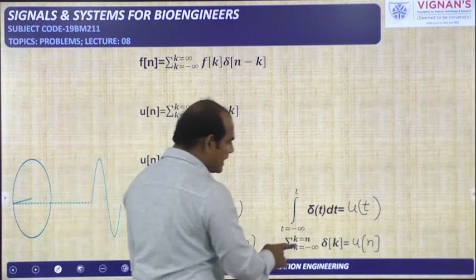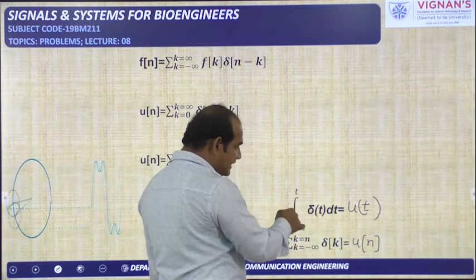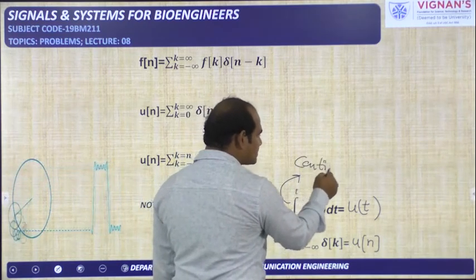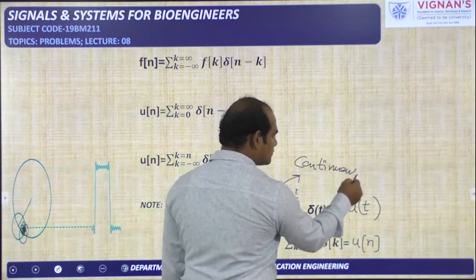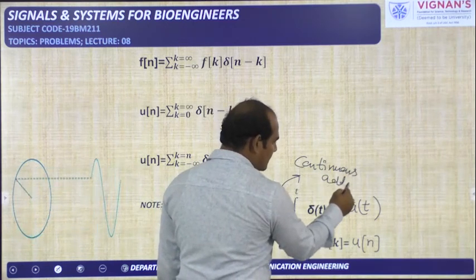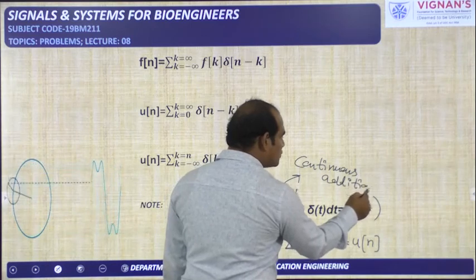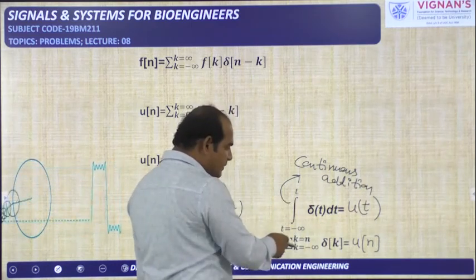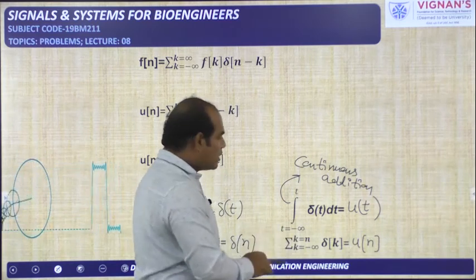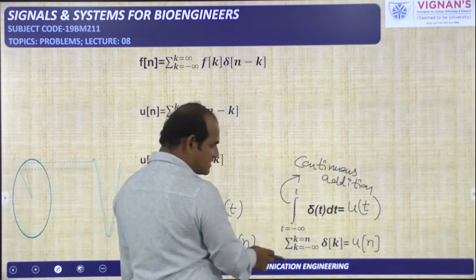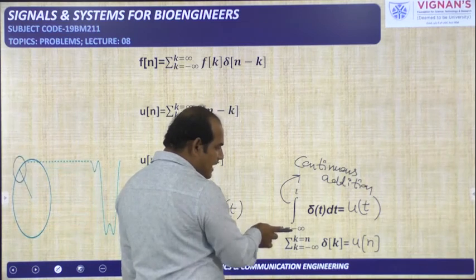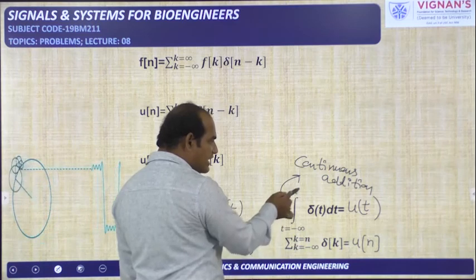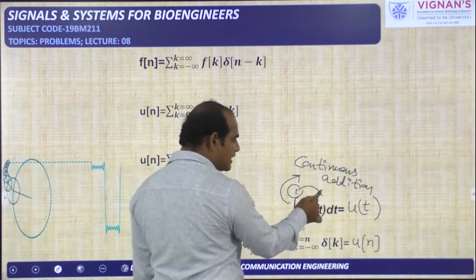Now coming to this one, integral I can say it is for the continuous addition. In case of continuous domain, in order to add we need to use the integration. In discrete domain, in order to add we need to use the sigma. So simply integral, here sigma, some variable is changing from minus infinity to t, here variable is changing from minus infinity to n. Why here t? Because it is continuous domain, it is t.